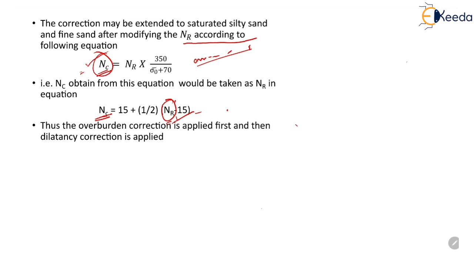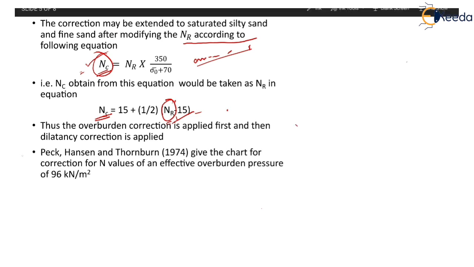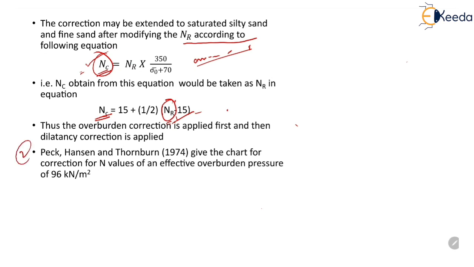Now the second correction equation was given by Peck, Hansen and Thornburn in 1974, and they also gave a chart for the correction of N values to an effective overburden pressure of 96 kilonewton per meter square.